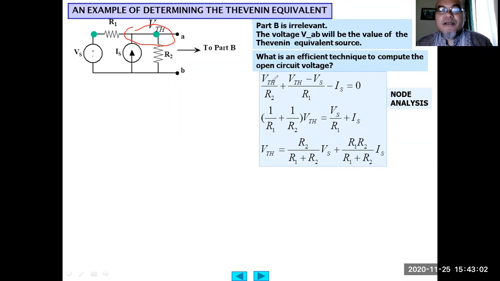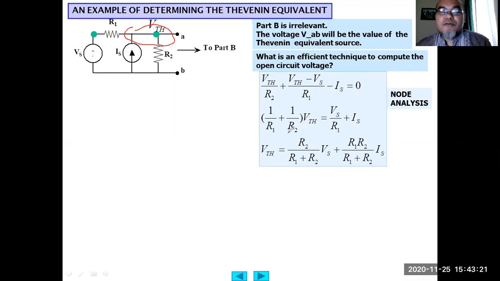From here we can first simplify: 1 over R1 plus 1 over R2 times VTH. Then the Vs coefficient is put to the right hand side of the equation, plus Vs divided by R1 plus Is.